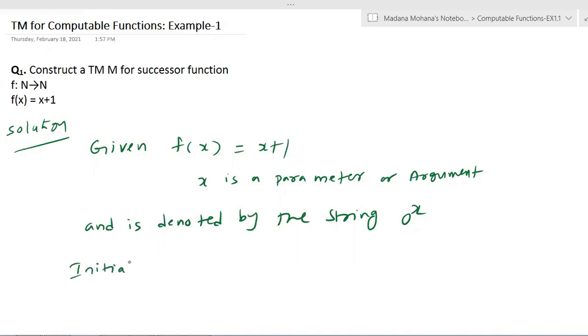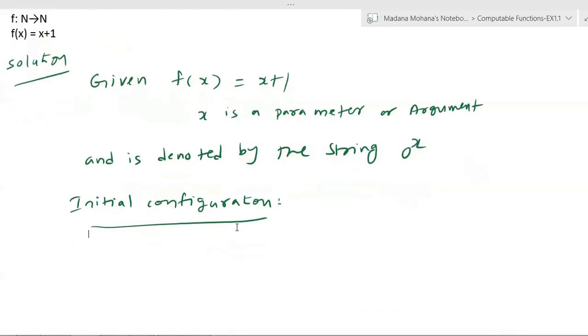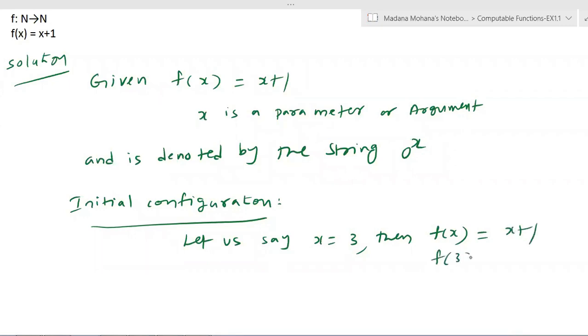So now, the initial configuration of the tape. What we have to consider here: let us assume x equal to 3. Then f of x equal to x plus 1, that is f of 3 equal to 3 plus 1 equal to 4, is the output.